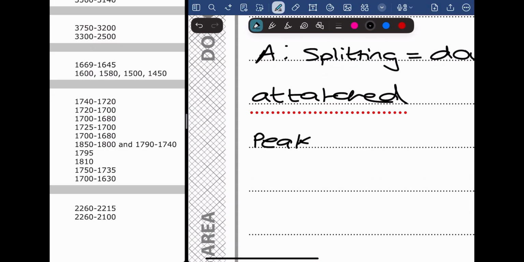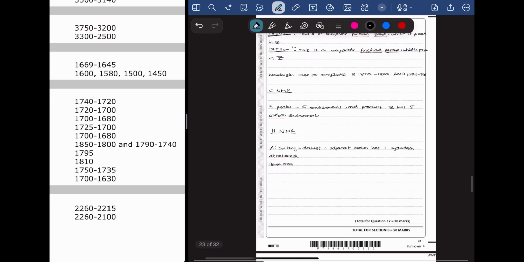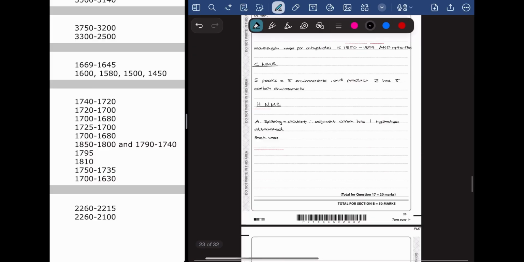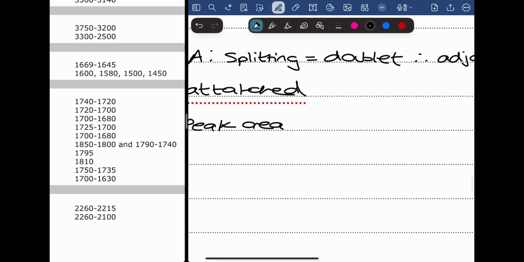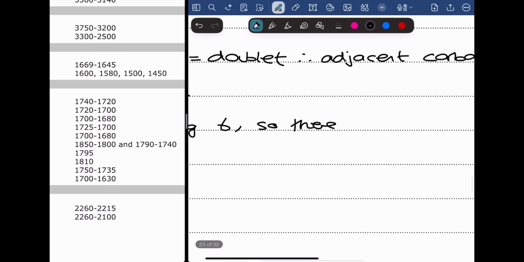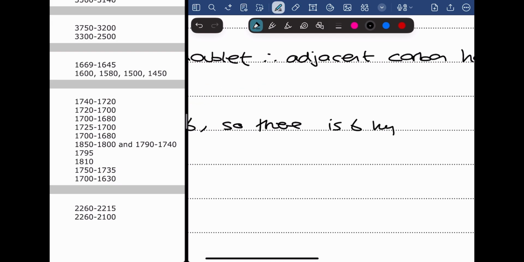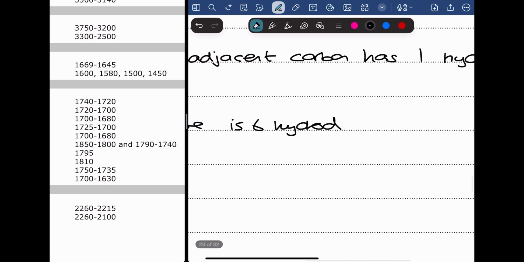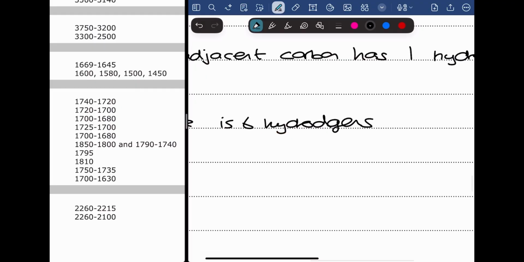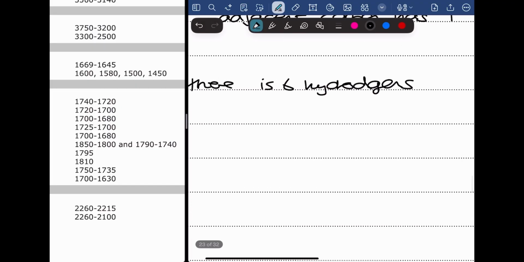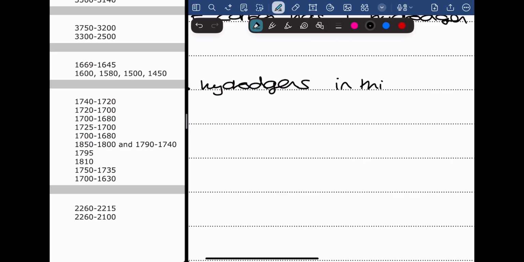So peak area, and what was it? It was 6. So there are 6 hydrogens in this environment. If you have a peak area of 6, that's basically the amount of hydrogens you have in this environment.